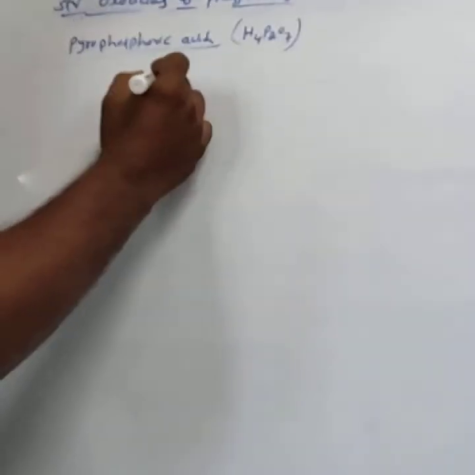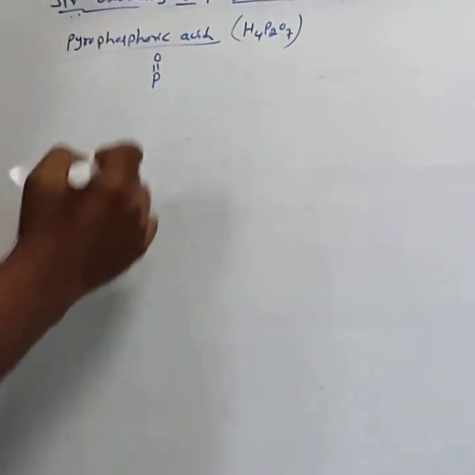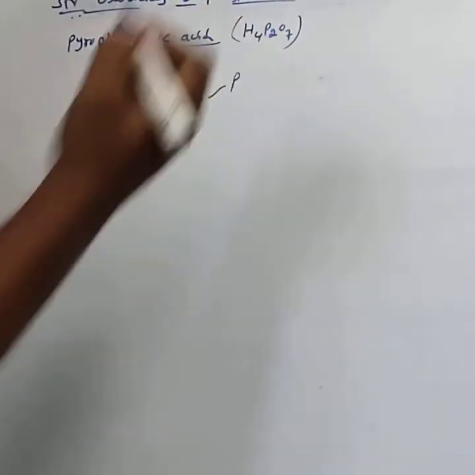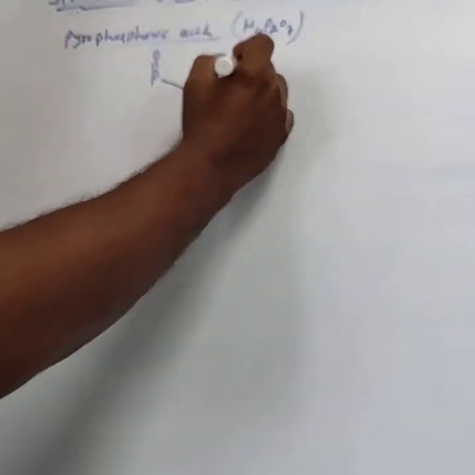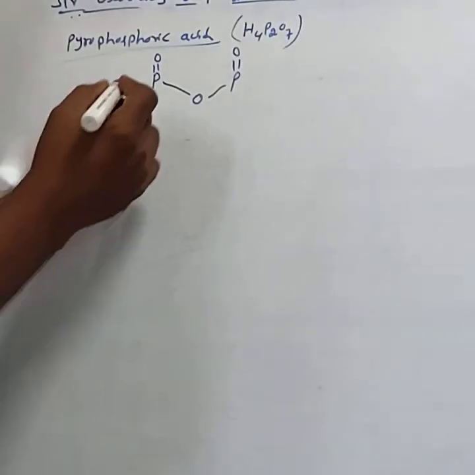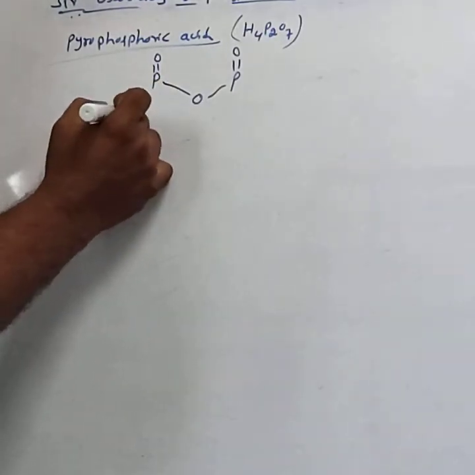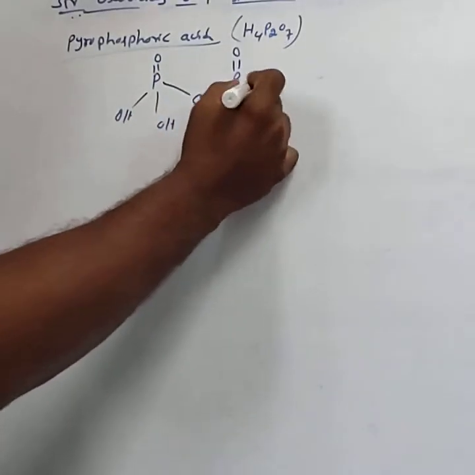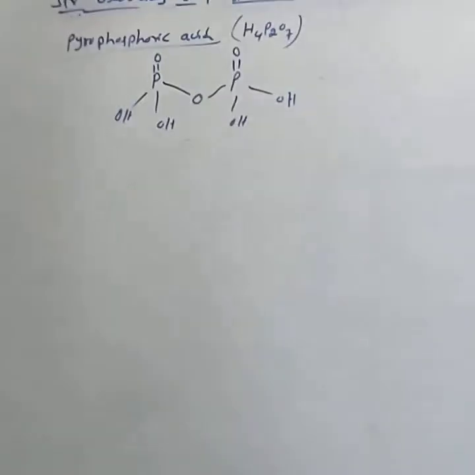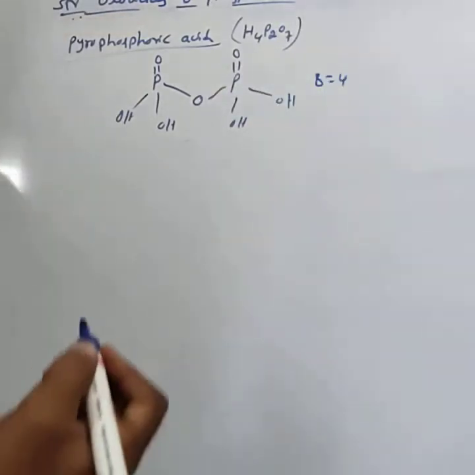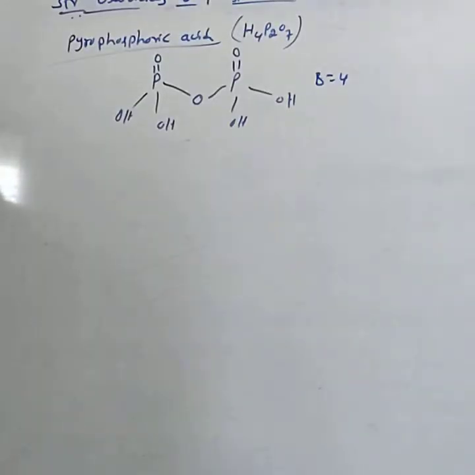The structure is given by, it has one P-O-P bond, then two P=O bonds, then 4 P-OH bonds, that is 2 OH bonds for each phosphorus. This is pyrophosphoric acid. Then the basicity value for this one is 4.